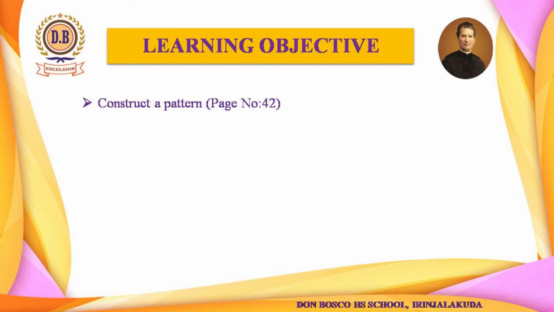So we'll be constructing that pattern today, and with that we have almost completed this chapter. Like this you can create many patterns which you like. So let us construct that pattern which is given in your textbook page number 42.